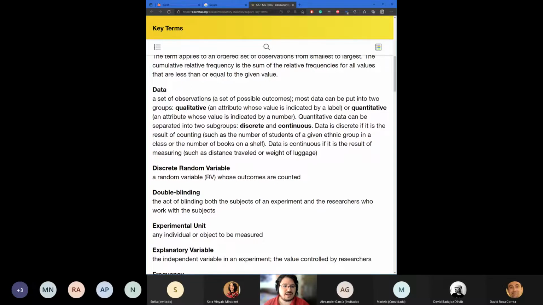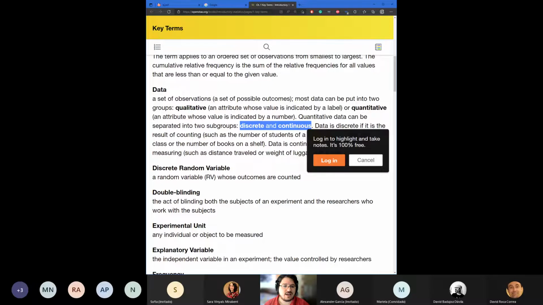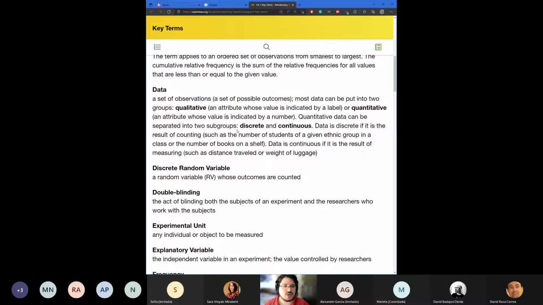And this is a similar idea, which can be understood with discrete or continuous. The qualitative data is always discrete. The quantitative data might be continuous, meaning no steps in between.